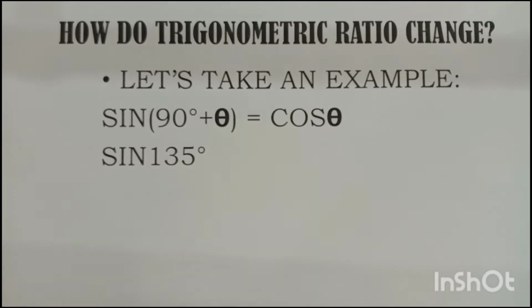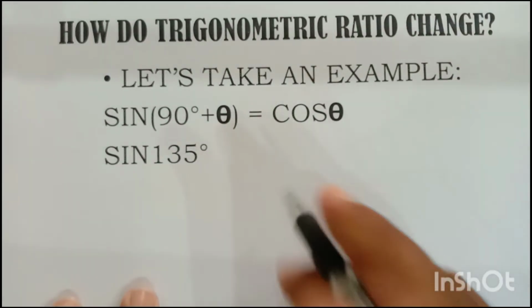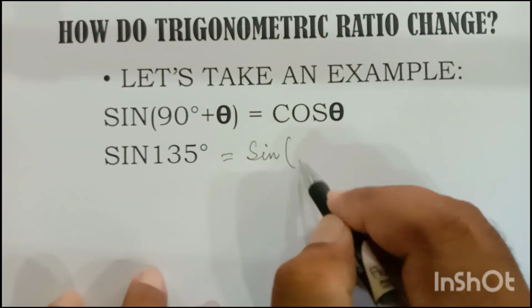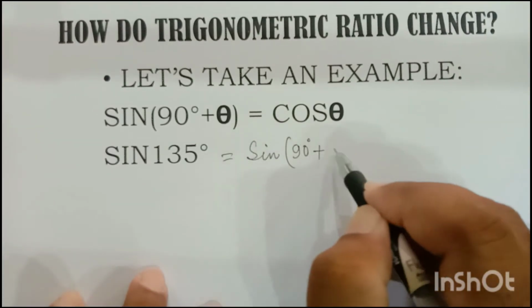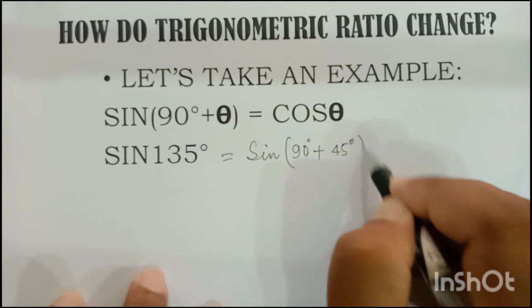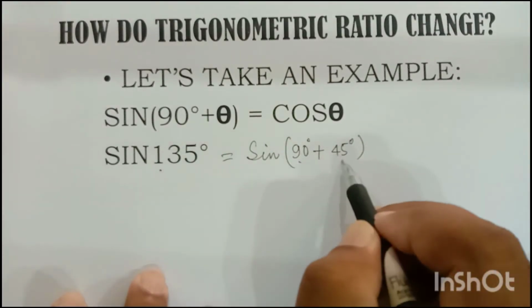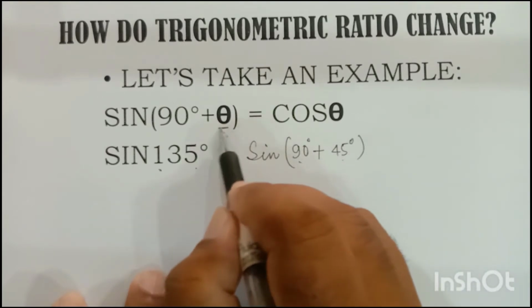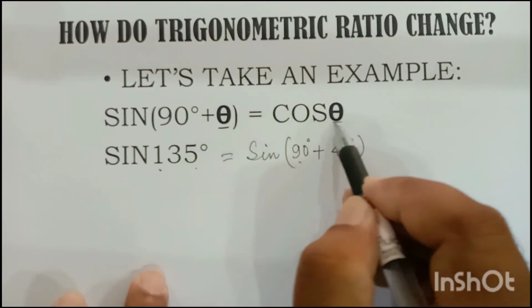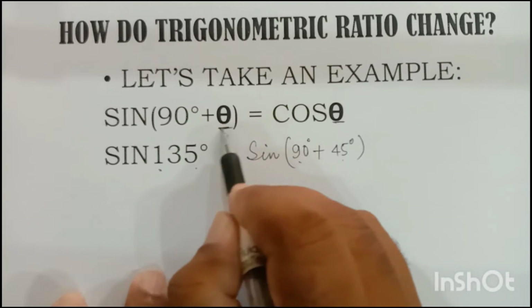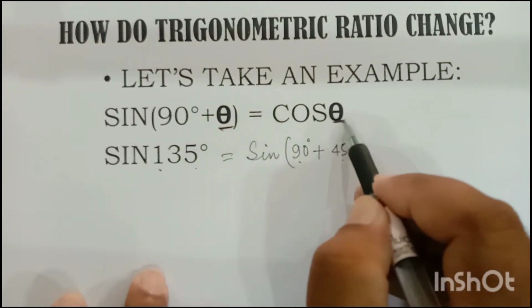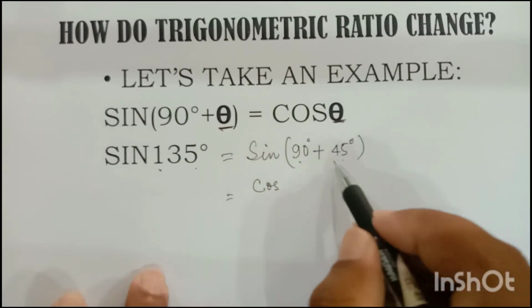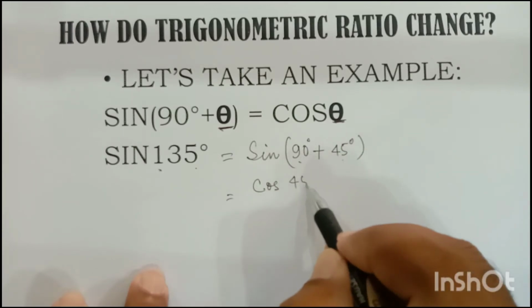Sine 135 degree can be written as sine 90 degree plus 45 degree, since 90 plus 45 is 135 degree. So here be careful. Whatever the angle is here, that angle comes here. Here is angle theta, so angle theta comes with this cos. So sine 90 plus something means cos something, and that something is 45 degree.